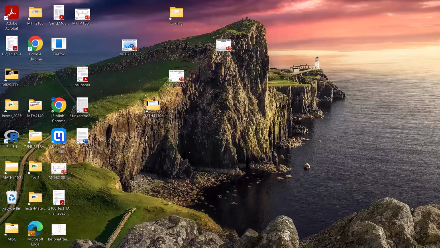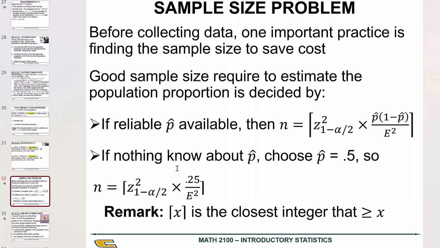Okay, now we move to the sample size problem. This is also a very important problem because a lot of the time, people survey data, and they wonder how much data they need. If I take a lot of data, it's good, but it's time consuming and costly.